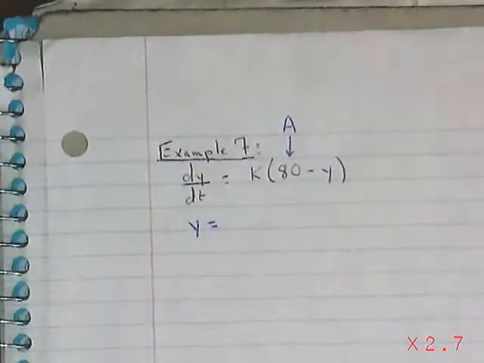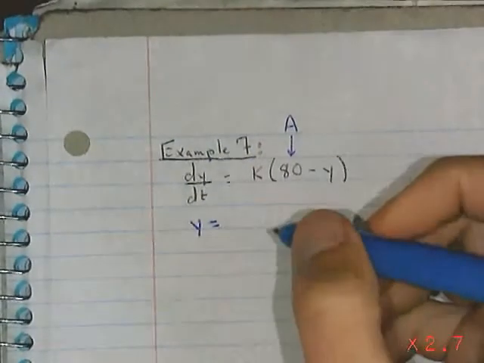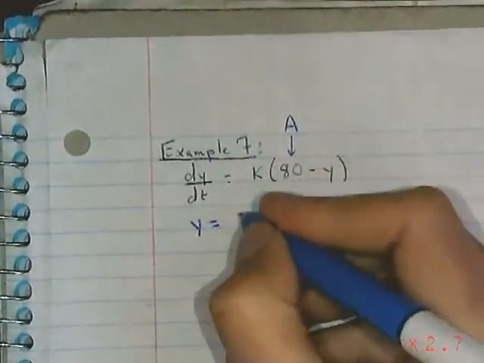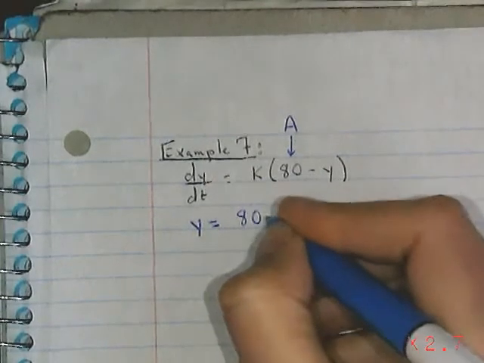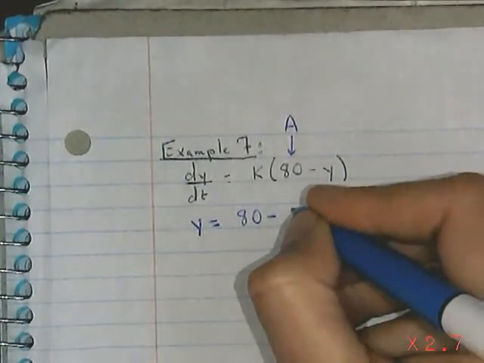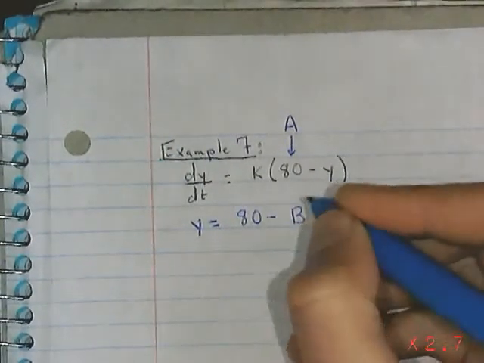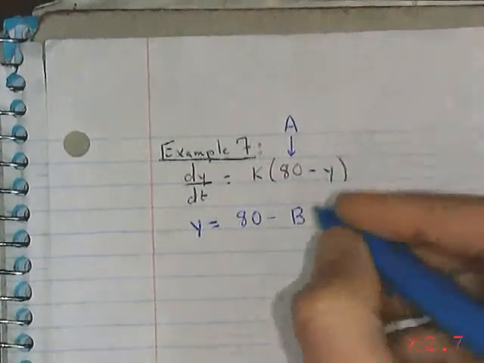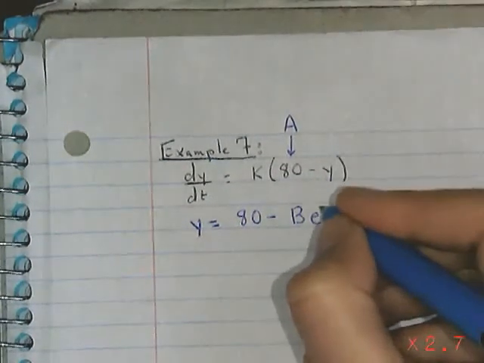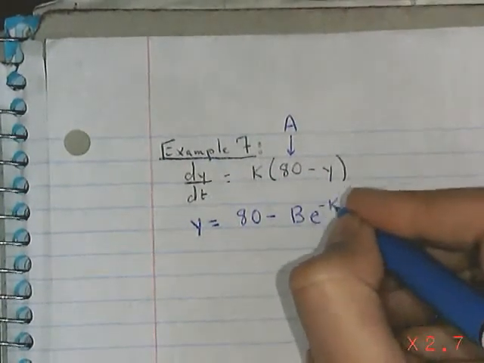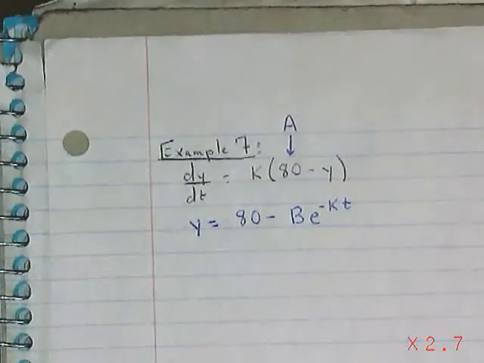We know that the amount of items that a worker can produce will be governed by this equation here, this A value minus some constant, which we'll call B just to be consistent with the book, times e raised to the negative kt.